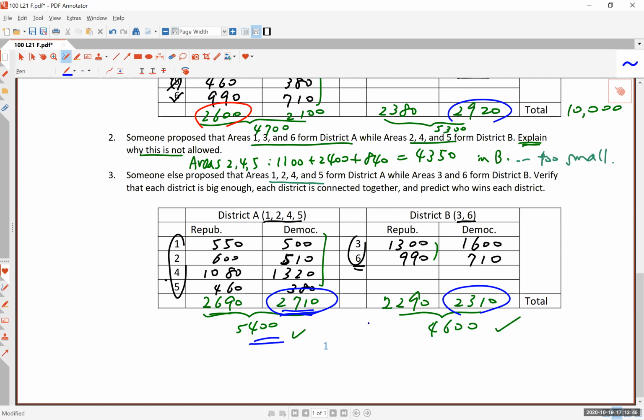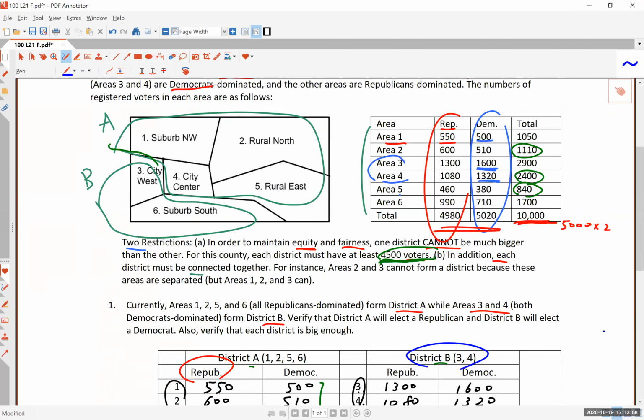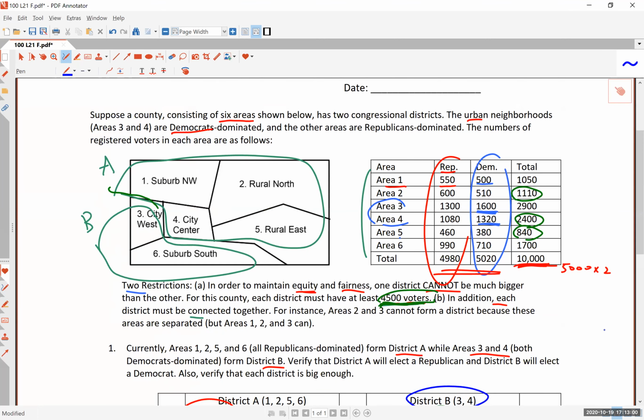So whoever came up with this idea probably belongs to or likes the idea that the blue party should dominate, because by redrawing, you notice originally the districts were, let's see, suppose a county.